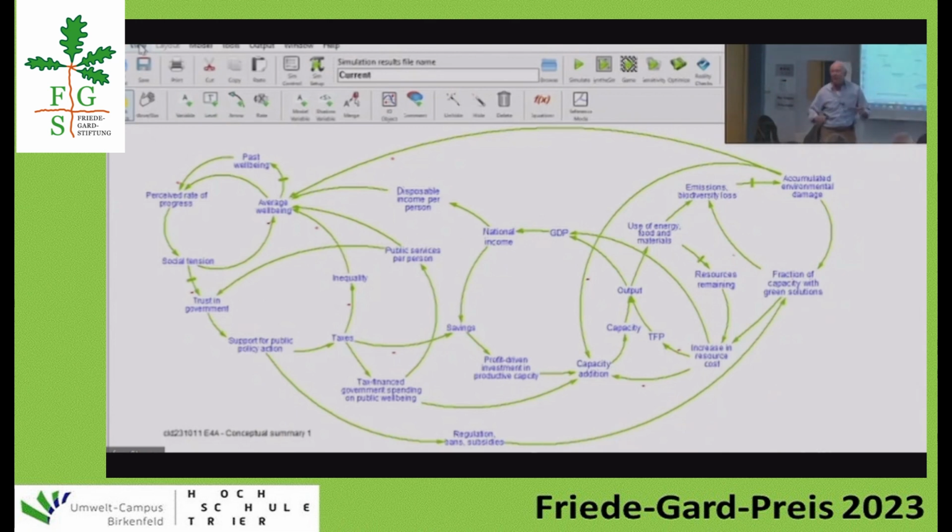It's the GDP, which is the value of the annual production of goods and services, and it is the accumulated environmental damage. This is the biodiversity loss. This is the climate, the concentration of CO2 in the atmosphere. This is the reduction in fertility of agricultural land, etc.